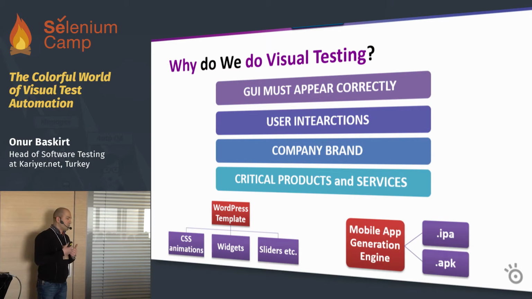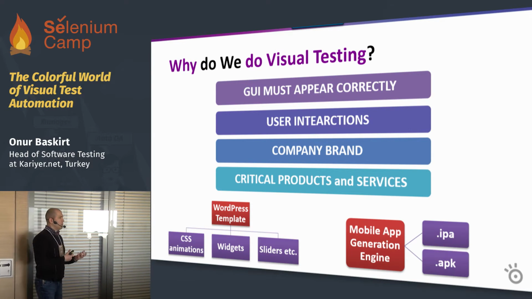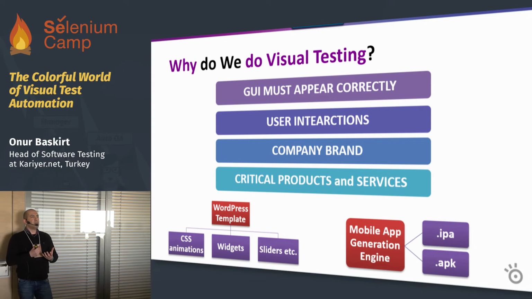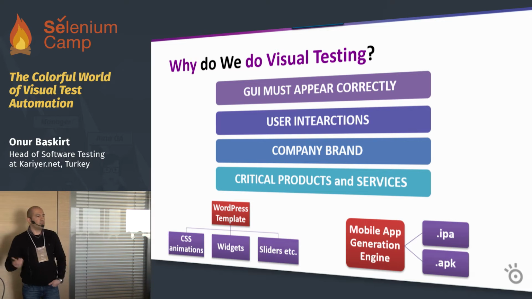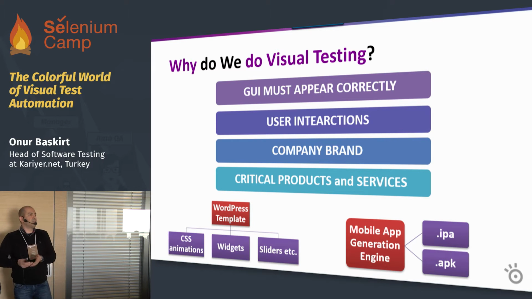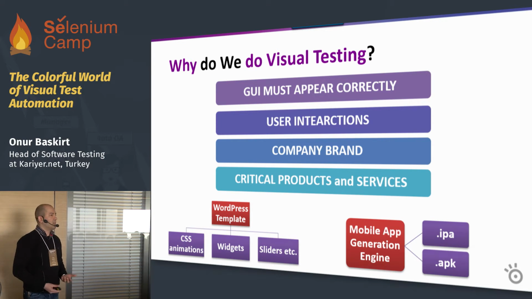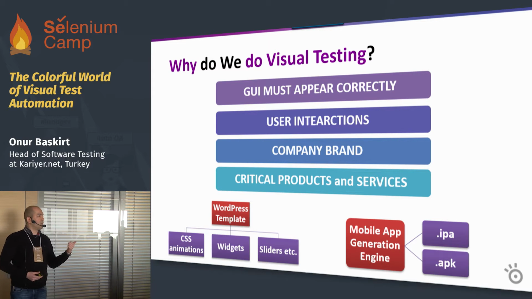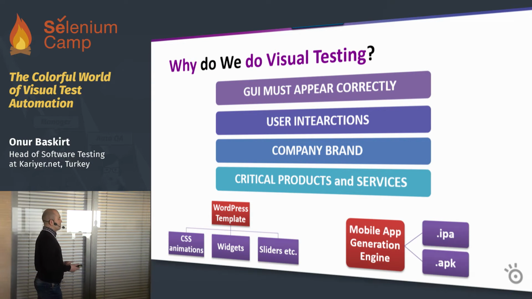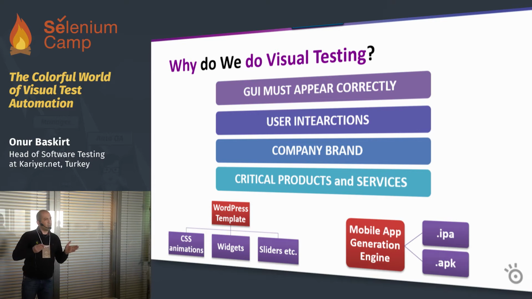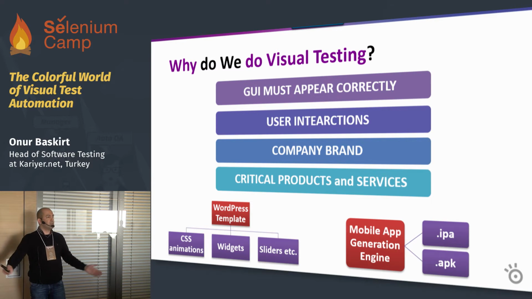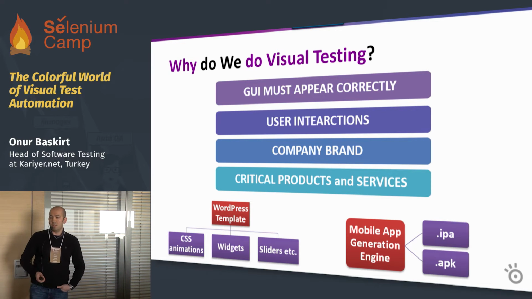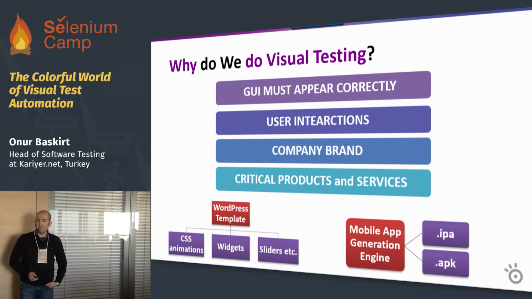And if you output some buggy visual problems or defects, visual defects, your customers will also output the same defects. So if you provide that kind of products or services, you have to test your application, you have to do visual automation much more than in any other situation. So this is so important.